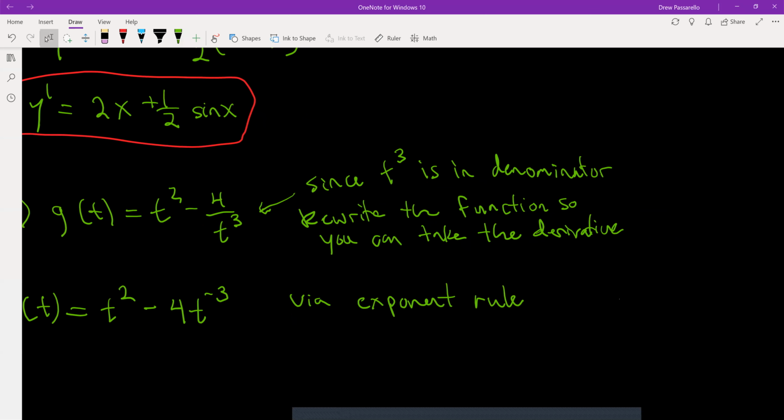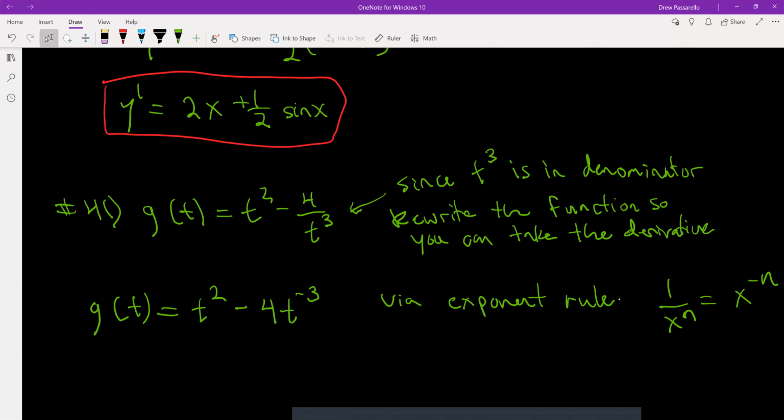And then this way I can apply the power rule. So we're supposed to know our exponent rules, and anytime you have the variable in the denominator, like 1 over x to the n, that's the same thing as x to the negative n.